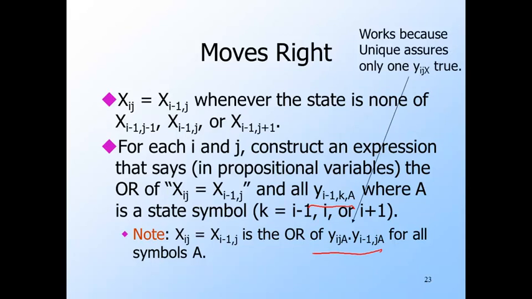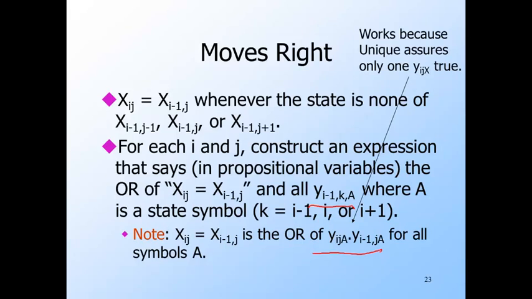The reason that works is that we already have unique to enforce the condition that for only one symbol a can y sub ija or y sub i minus 1, j, a be true. The expressions we constructed for each ID i and position j will be part of moves right. Each says colloquially that the tape symbol can't change if the state isn't nearby.